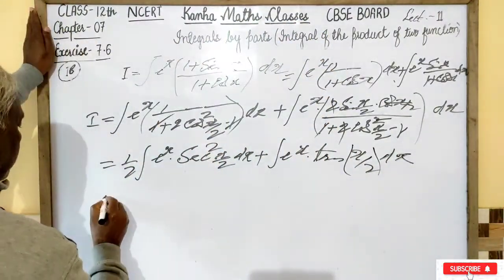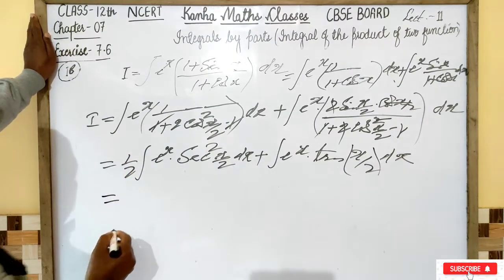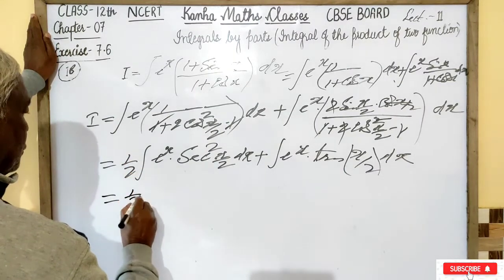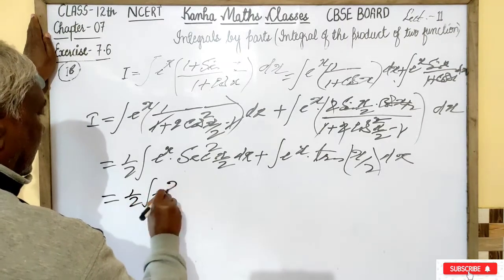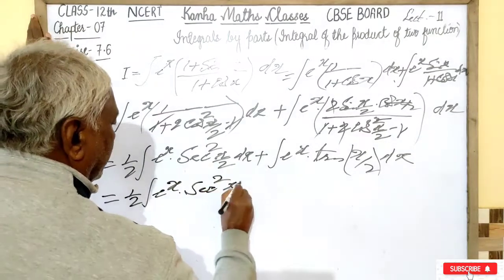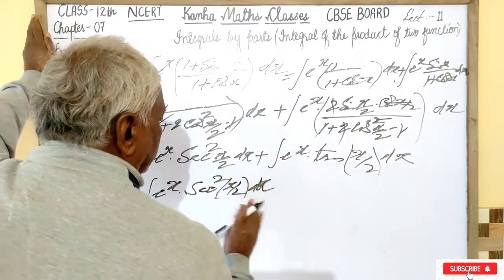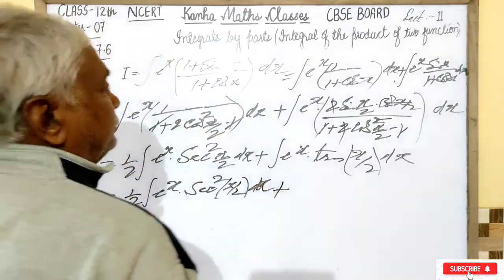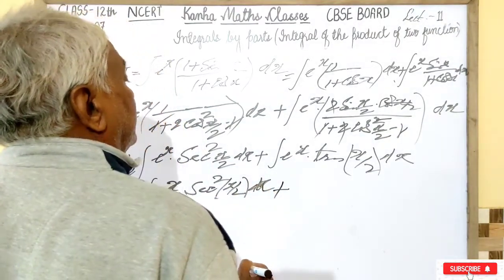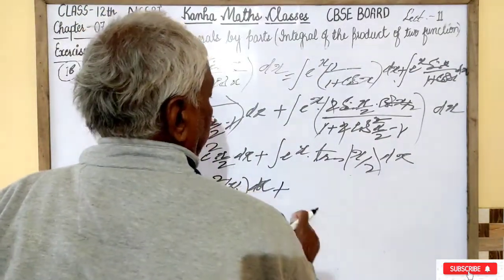Now this is 1 by 2 e^x into sec square x by 2 dx, and here we will try to integrate this function.